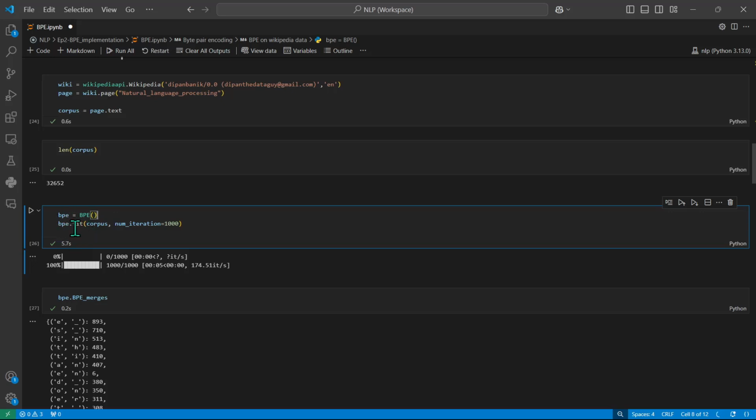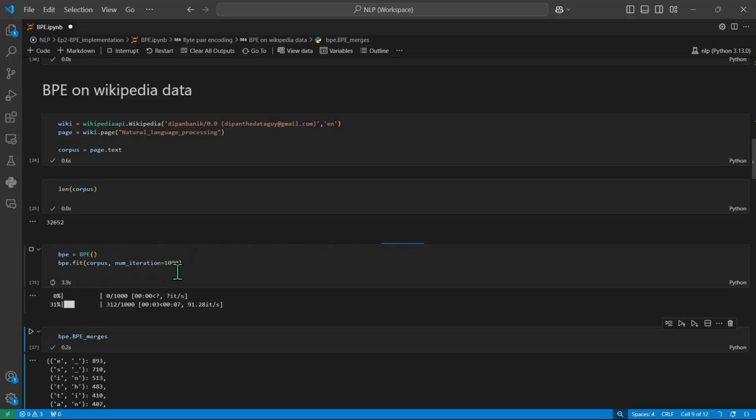After that we can do bpe.fit with the corpus and the number of iterations. I have kept 1000. As I said, the more iterations you keep, the more frequent subwords you are going to catch into your vocabulary. So we have kept 1000 iterations, and let's run it.